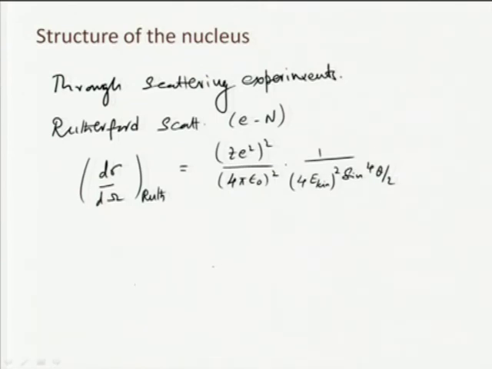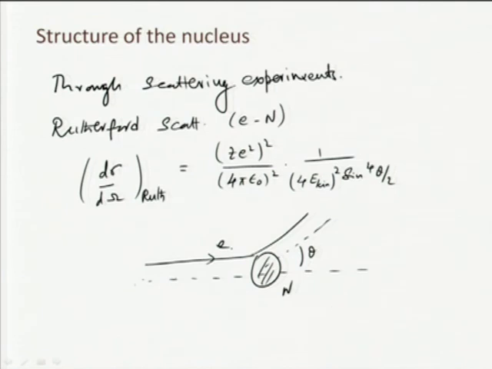So, if you have a nucleus and an electron sent towards it, it will see the electrostatic potential and scatter at an angle theta, and the corresponding cross section is given by this.